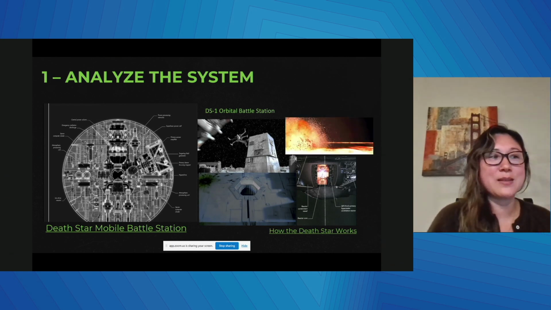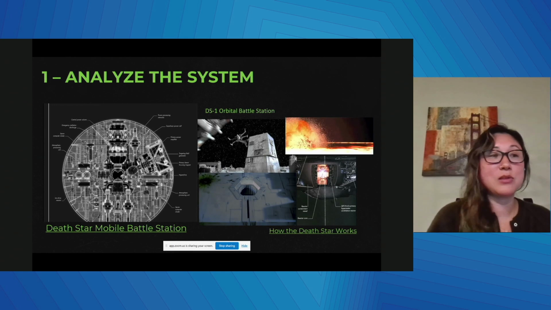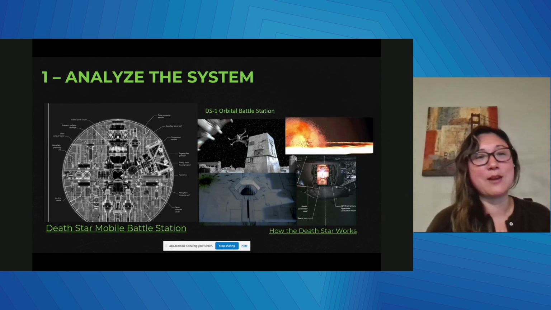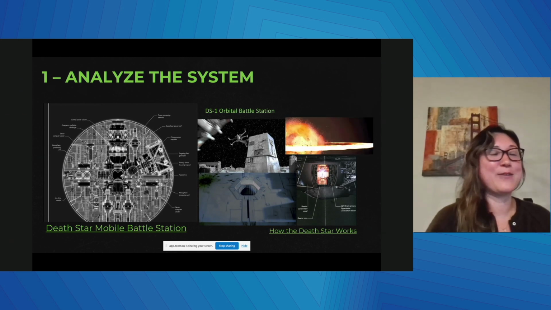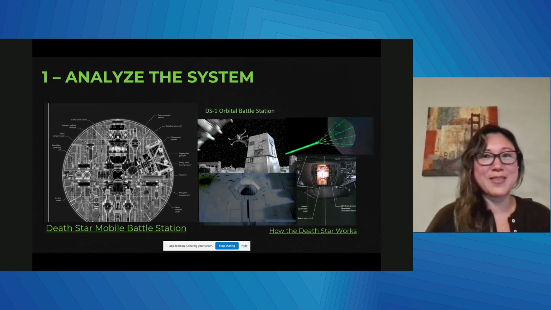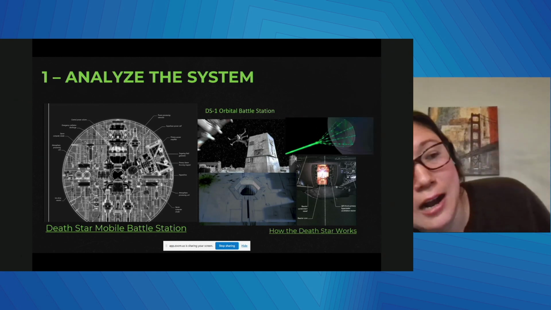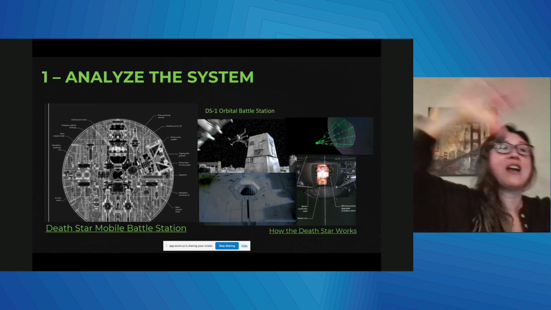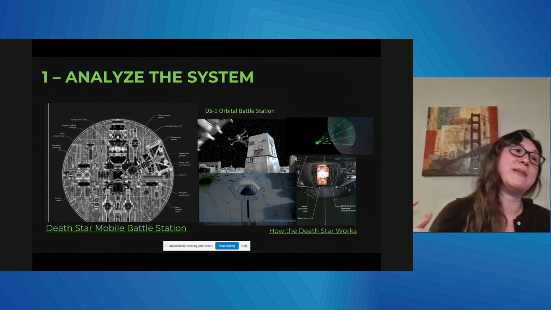At a high level, the Death Star is made out of 4 major components: the battle station, the super laser, the propulsion system, and the hypermatter reactor that powers all these components. So just briefly going through it, because it's fun and we want to learn a little bit more about the DS-1 Orbital Battle Station, aka the first Death Star. The battle station, we know, is a huge equatorial trench across the surface of the whole Death Star, and it splits it into two hemispheres.